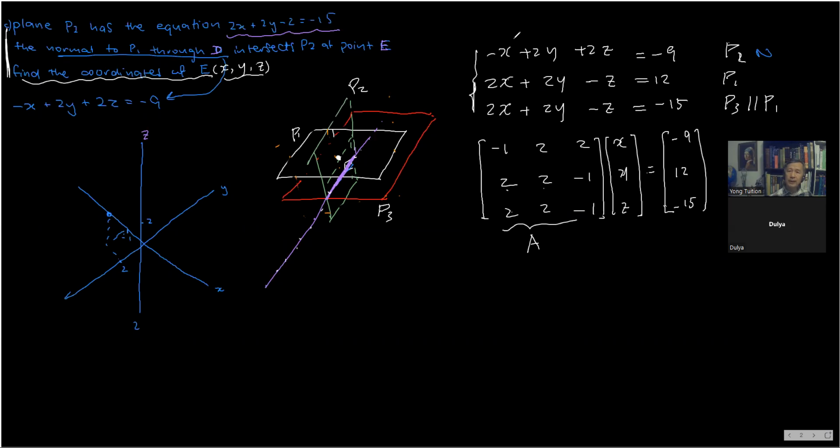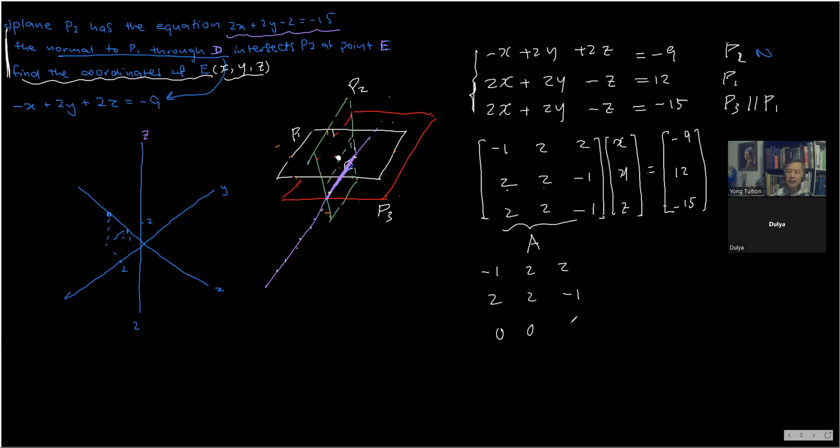Do you want to try to solve that? In other words, we are solving this equation. The third one is undefined. So we use the second one. We just pick up 2, -1, 2 and 2, 2, -1, right?